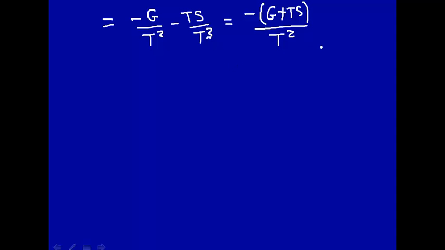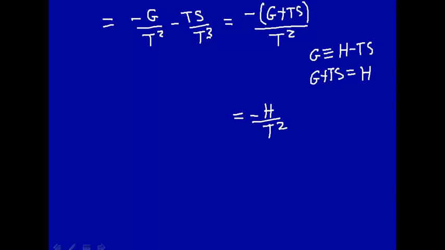Remember that G was defined as H minus TS, so G plus TS is equal to H. Let's put H in there: this is minus H over T squared. So how free energy divided by temperature changes with temperature is related to the enthalpy of whatever we're looking at.